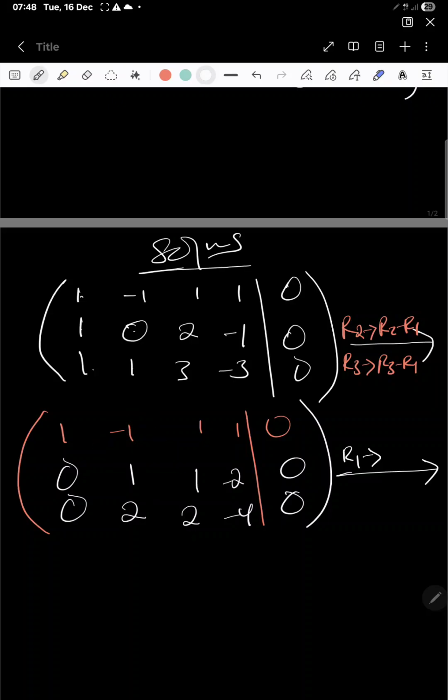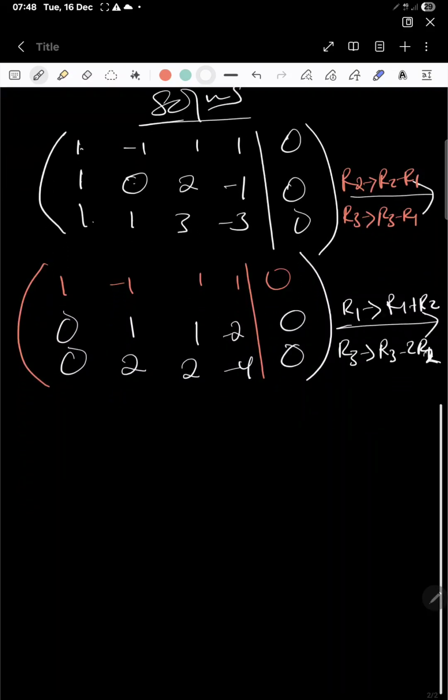Then for us to make this one here a 0, we are in row 3. The formula is row 3 minus 2 row 2. So we just need to put 2 to row 2 in order for you to make this 2 here a 0.